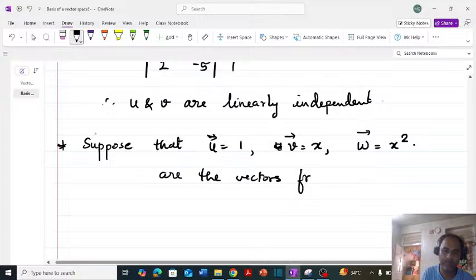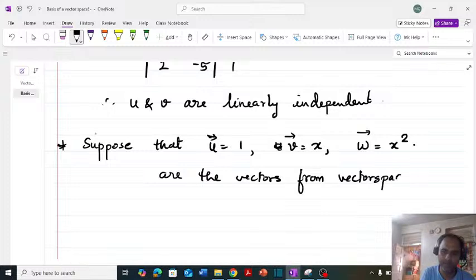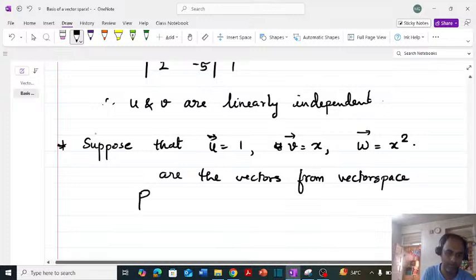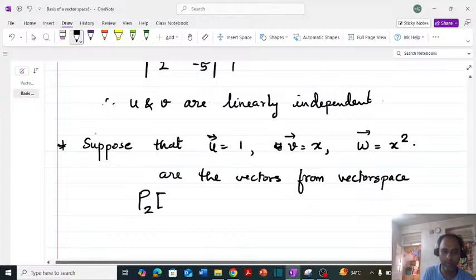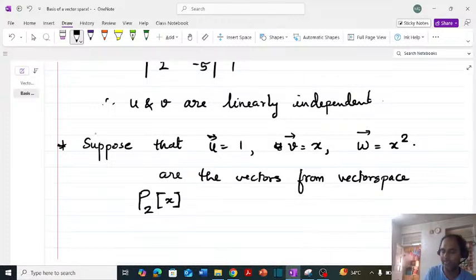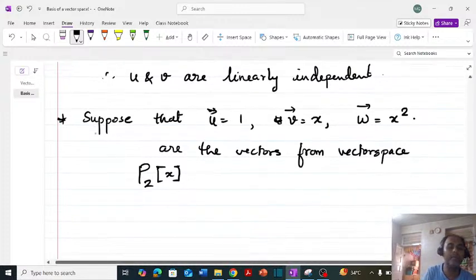These are vectors from the vector space P2(x), the polynomial space over real numbers.